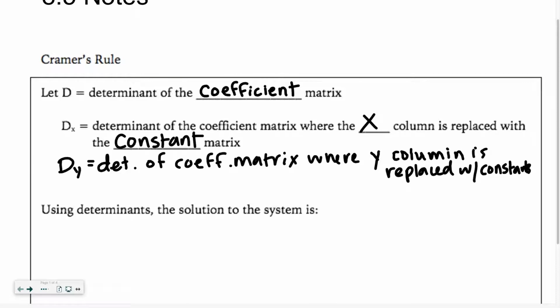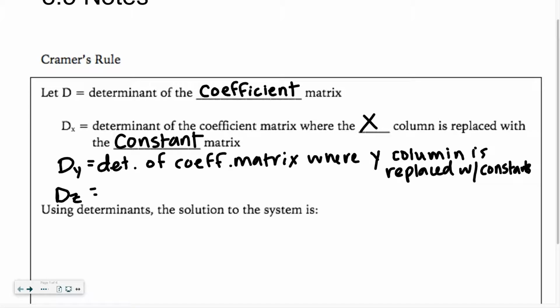And this could keep going, right? If it's a 3-variable system, you would need the same thing, the coefficient matrix, but then go in and change the z column. I suppose if it was a 4-variable system, with x, y, z, and w, then you would have to have a fourth one, D sub w. At that point, you'd have a 4x4 coefficient matrix, so you would need your calculator for that.